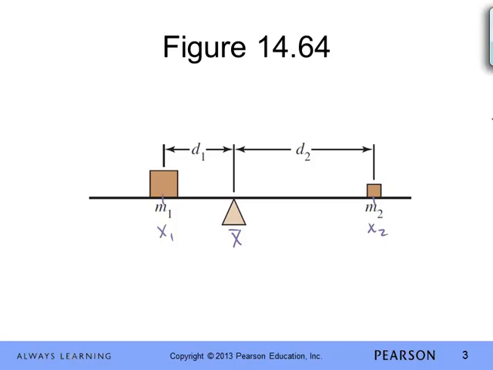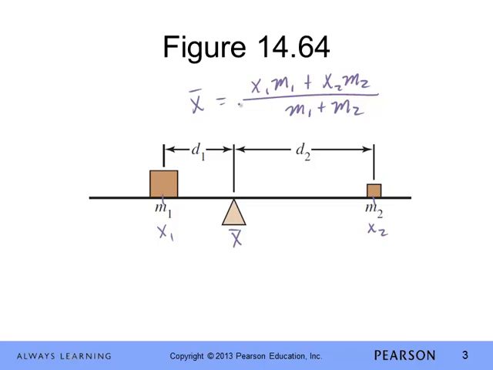To find the location for x bar, we do the weighted average of those x coordinates: x1 times m1 plus x2 times m2, divided by the total mass m1 plus m2. That gives us the coordinate for our center point. So it's just the weighted average of the locations.